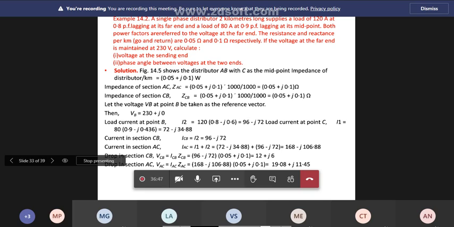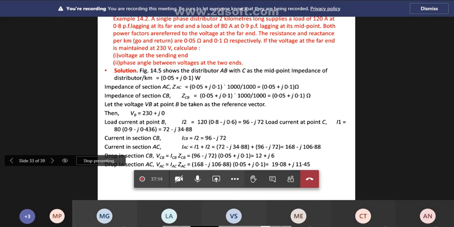So, it is 2 kilometers long. 120 amperes at 0.8 power factor lagging, and the other load is at the midpoint. That is, the 120 amperes at 0.8 power factor is at the far end, and the 80 amperes is at the midpoint.